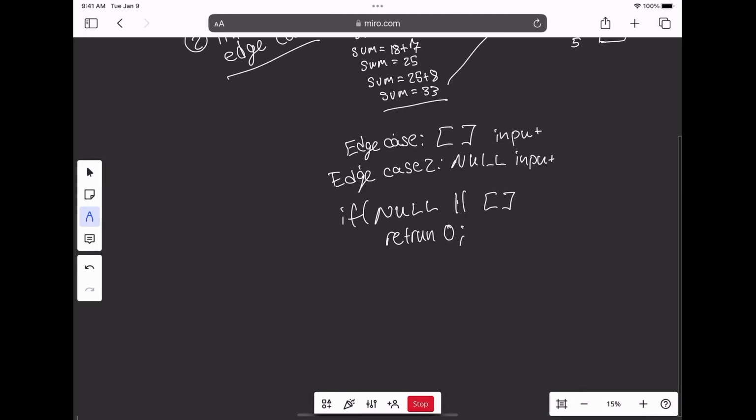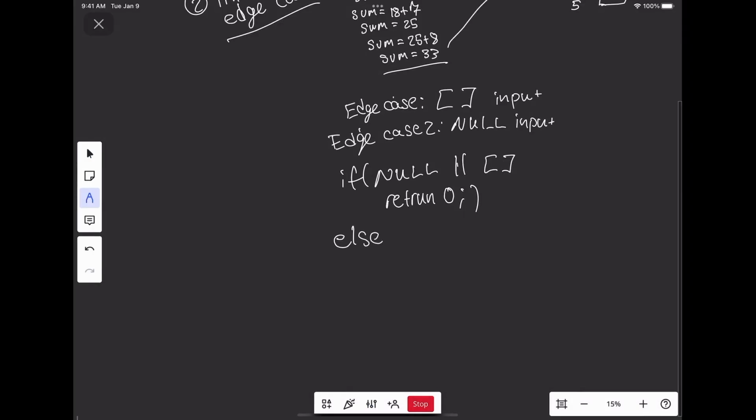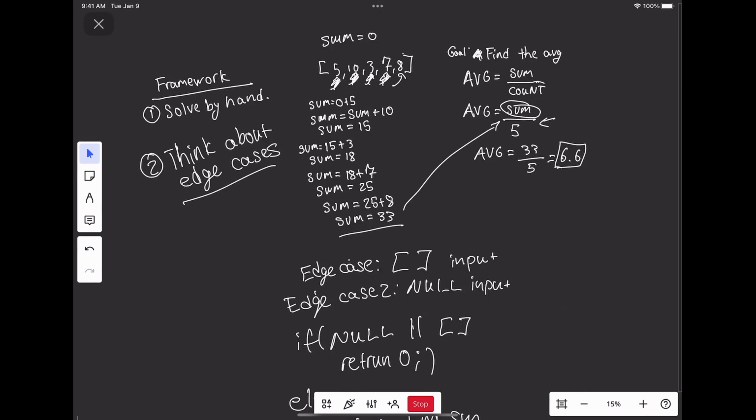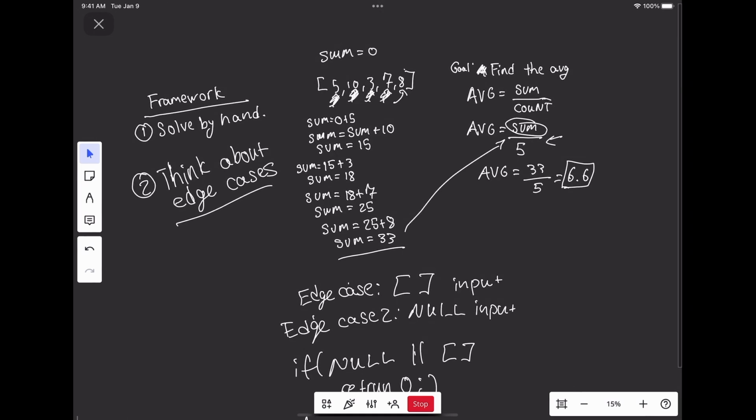Maybe that could be an if statement later. And otherwise, we can actually do our logic to find the sum. And given that this is just basic addition here, even if this number was negative, we should still be able to add it up with these other numbers and not run into any problem.